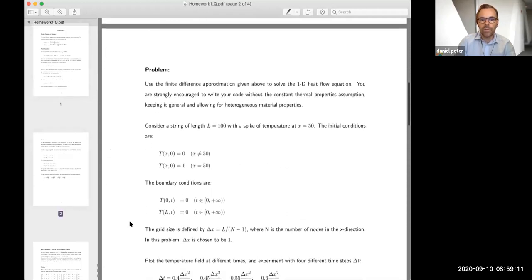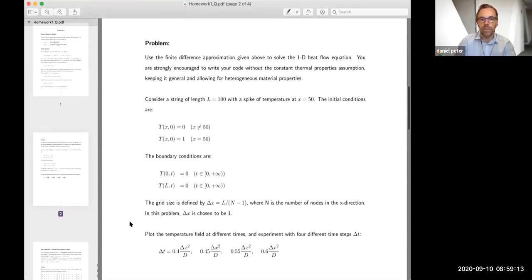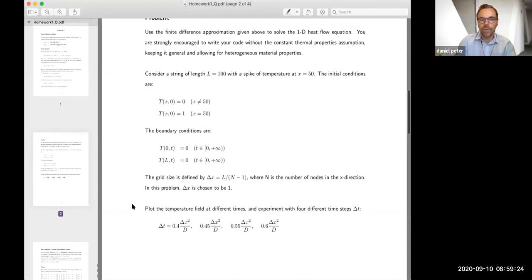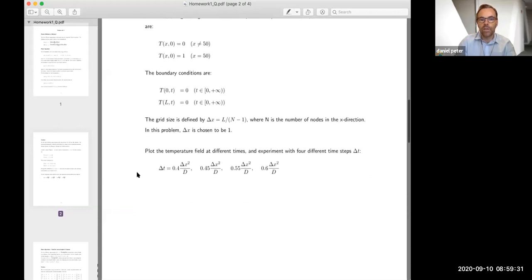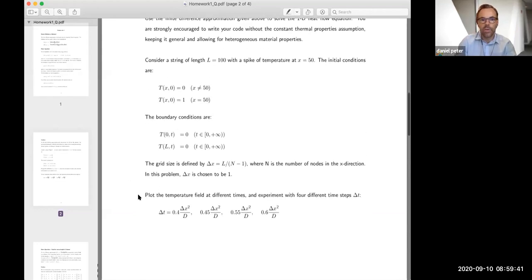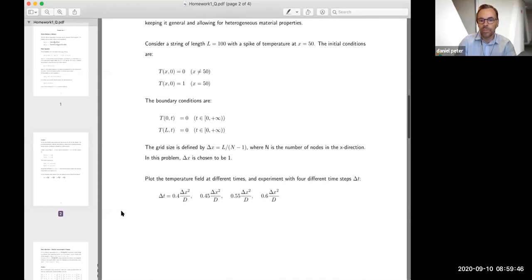And then it gives you the problem set, how you would set up the length, and then you start with an initial temperature distribution and see how that distribution evolves over time. And you use different time steps. That's basically the main homework: try and put the scheme in place, the code, and then play with these time steps.